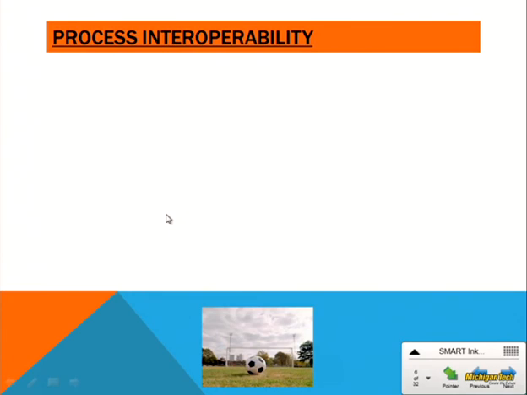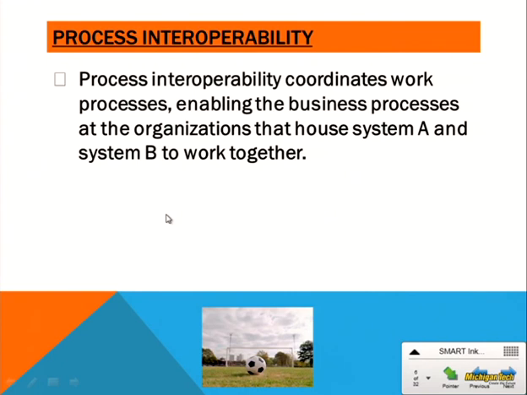You have your health system in this hospital, and they have a B health system in the B hospital. So semantic interoperability talks about the two systems communicating with each other. But for the process, we need to involve human beings. Okay? The process is not just system A and system B.